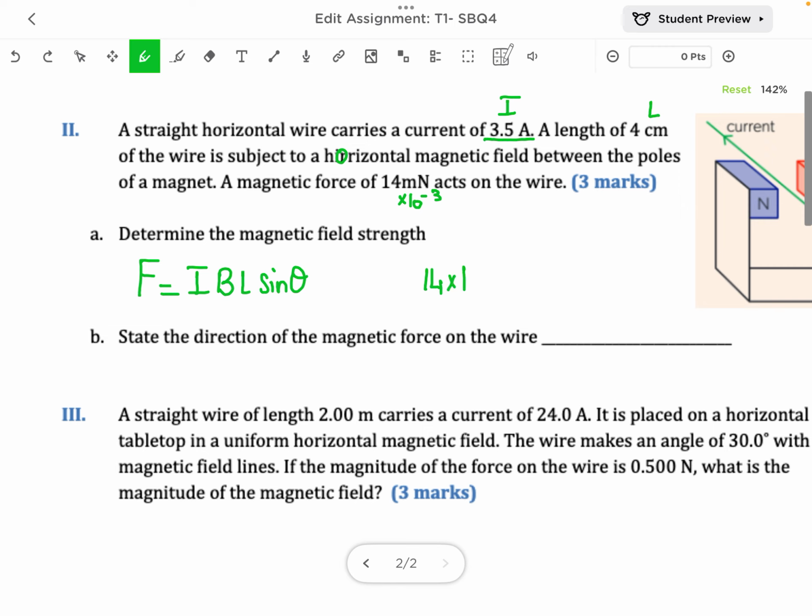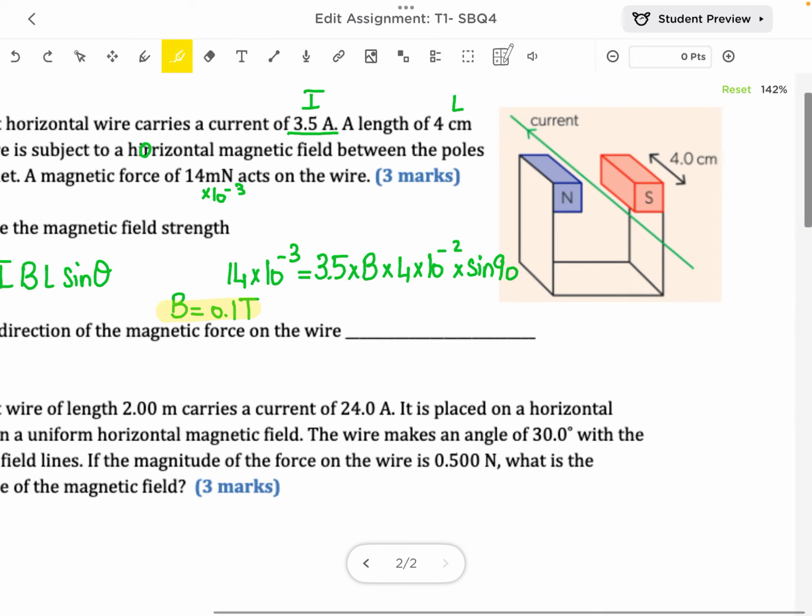It is 14 times 10 to the power of negative 3. I is 3. B, I don't know. L is 4 centimeters, perpendicular, meaning sine of 90. Most important, what's the unit of the magnetic field? 0.1 Tesla.